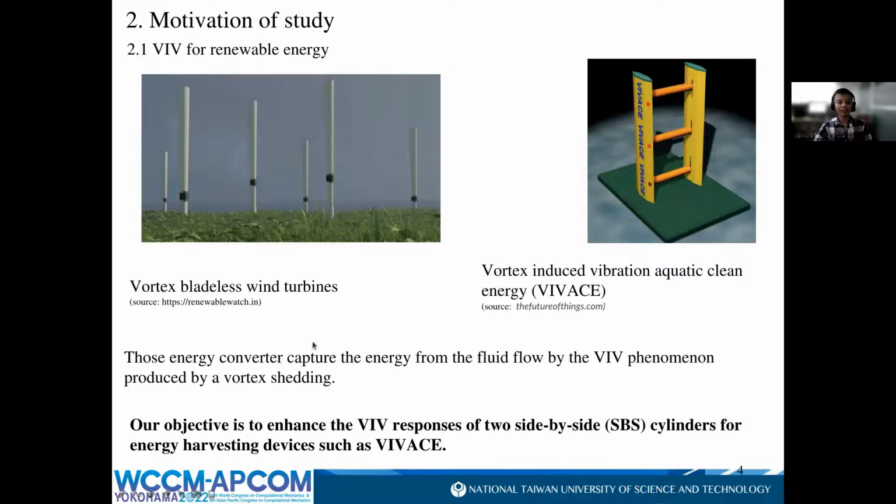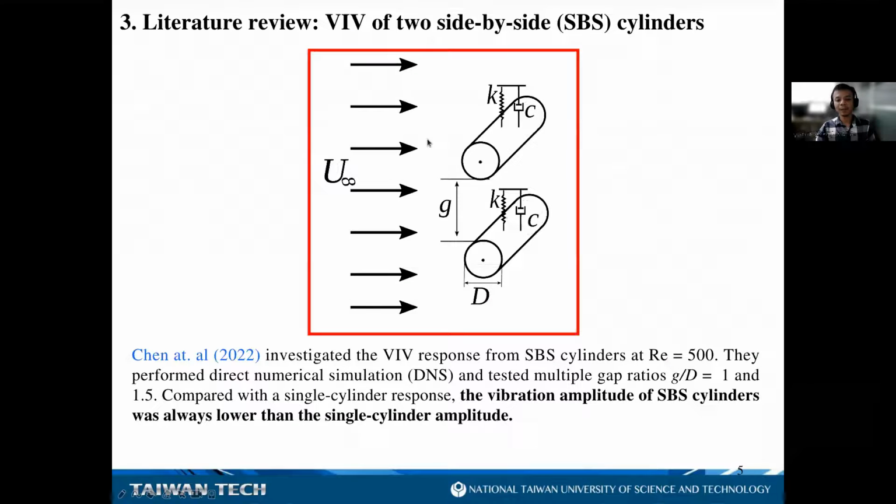Those energy converters try to capture the energy from the fluid flow by the VIV phenomenon produced by the vortex shedding. Our objective in this research is to enhance the VIV response of two tandem-based cylinders for energy harvesting devices such as VIVACE.